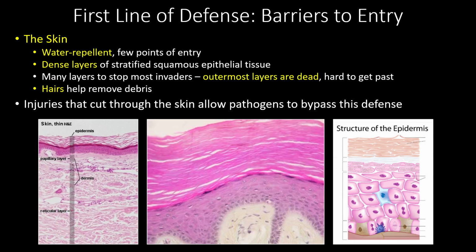We also have a lot of hair, because we're mammals, and these hairs can help keep debris from actually touching the skin, which is really helpful in keeping things away. When you have an injury to the skin, that is often a major route that allows pathogens to bypass that defense. There are not as many pathogens that can move through the epidermis and dermis on their own.